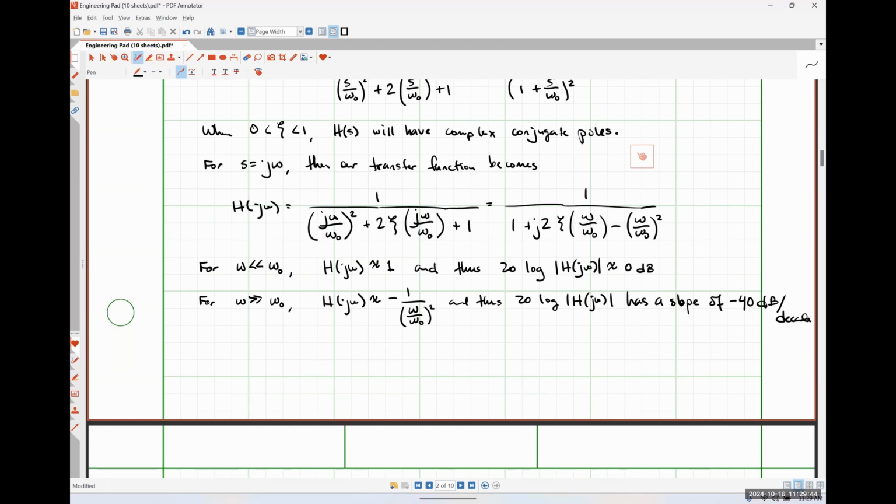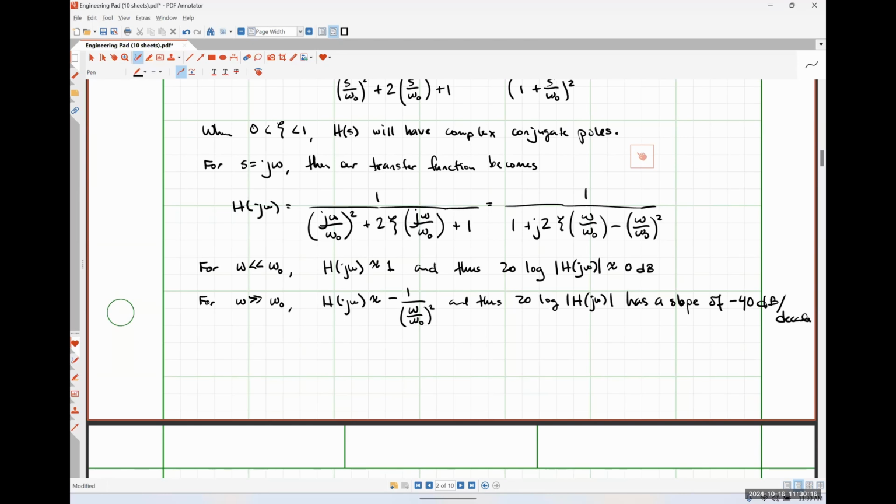So where this gets gross is when we're near our resonant frequency. Okay. So we've handled frequencies well below our resonant frequency. We have a nice 0 dB, so a flat response. We've handled things well above our resonant frequency. So we have just a constant -40 dB per decade decay. Okay.